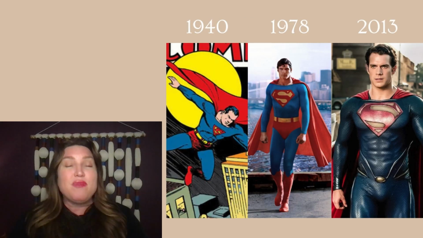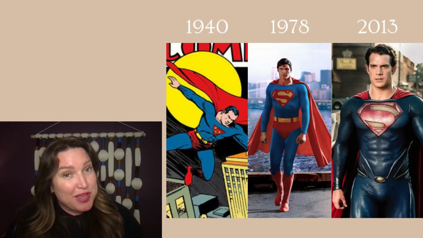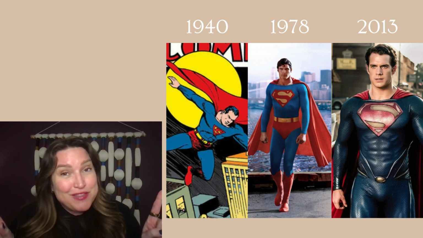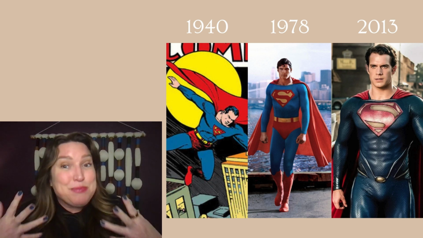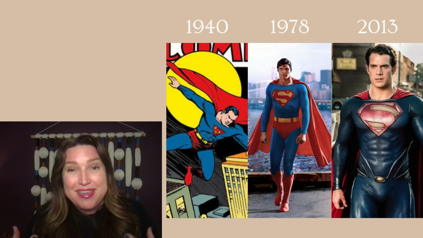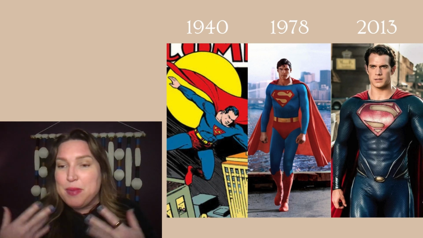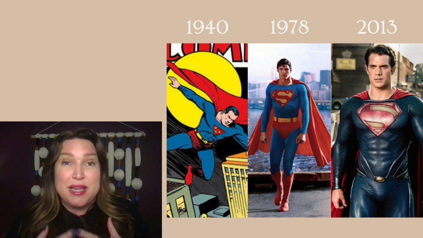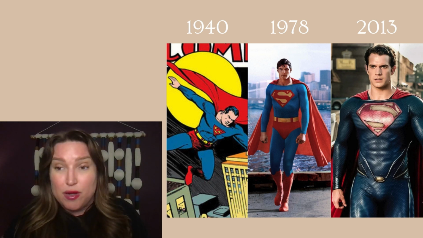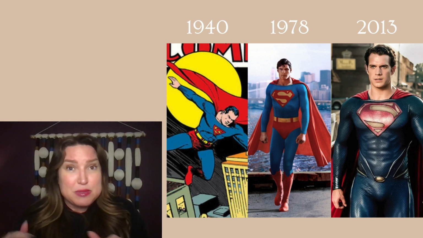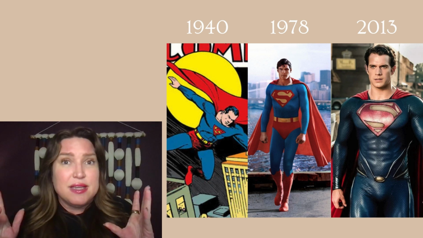When you look at images of Superman, here we see an image of Superman from the 1940s, from the 1970s, and the 2000s. And if you look at all three of these images, he's pretty much wearing the same thing. It changes a little bit. You can see that by 2013, Superman has stopped wearing his underwear on the outside of his unitard because it's extremely dorky and unnecessary.